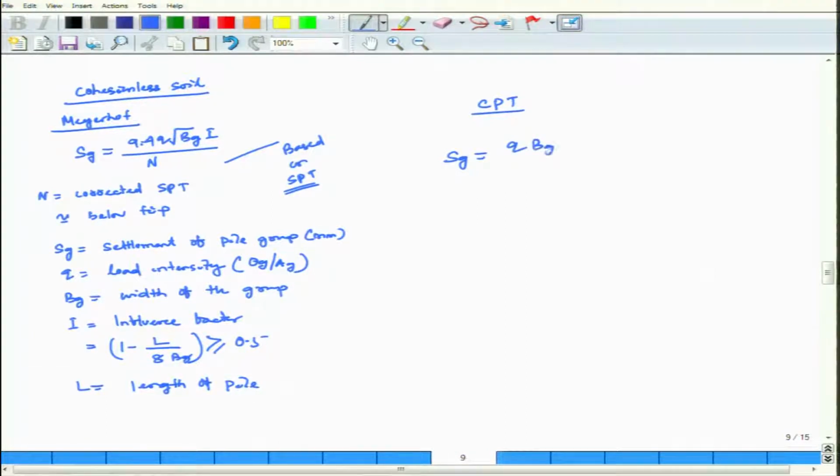Similarly, based on CPT, cone penetration test, Sg is equal to Q Bg I divided by 2 Qc. Qc is your average cone penetration resistance within the zone of settlement.